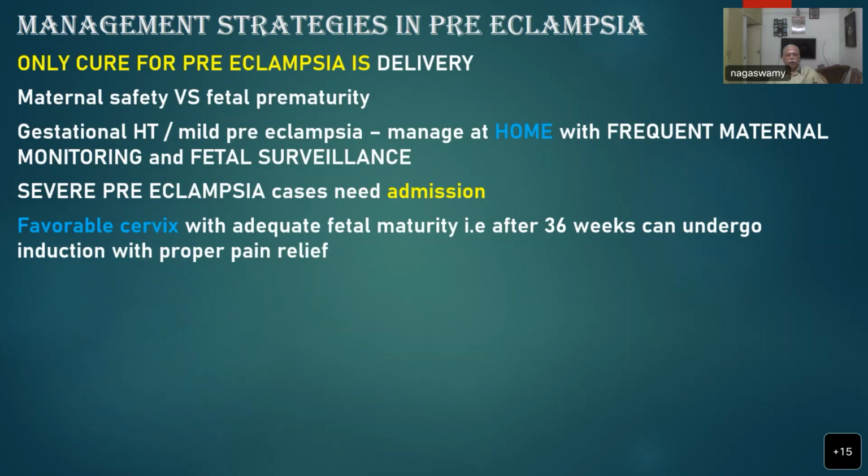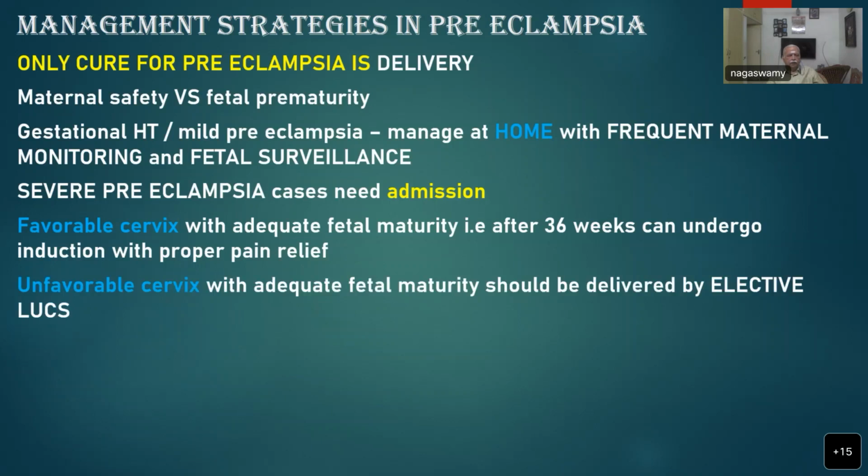So we can allow this lady to go for a normal vaginal delivery, but the caveat is you must provide adequate pain relief because the labor pain can trigger hypertension and it can lead to complications. So if the BP is well controlled with antihypertensive medications and the cervix is showing good dilatation and the baby is 36 weeks or more, definitely normal vaginal delivery can be attempted.